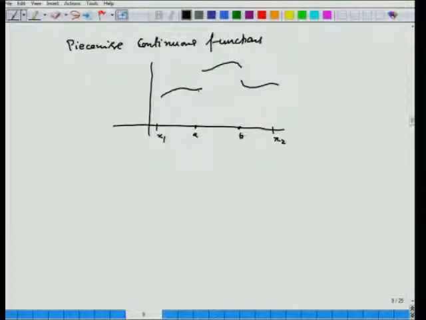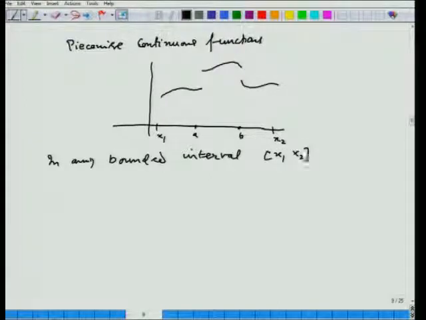So we can have finitely many points of jump discontinuities in any bounded interval like x1, x2.